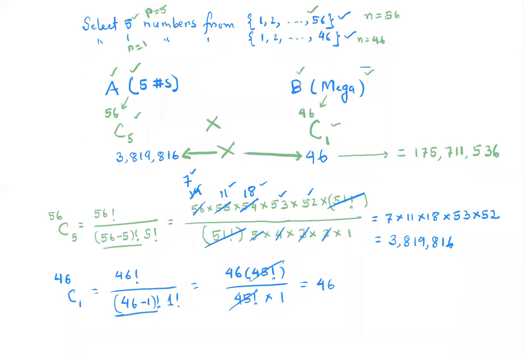So that means that many ways you can actually buy the lottery tickets for Mega Millions: 175,711,536 different ways. Okay.